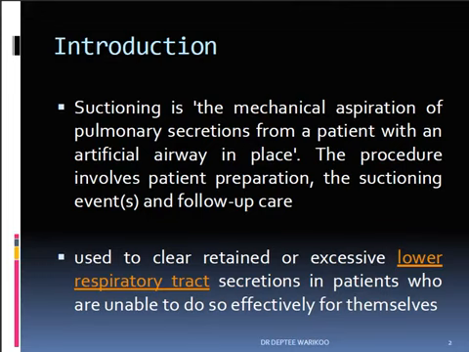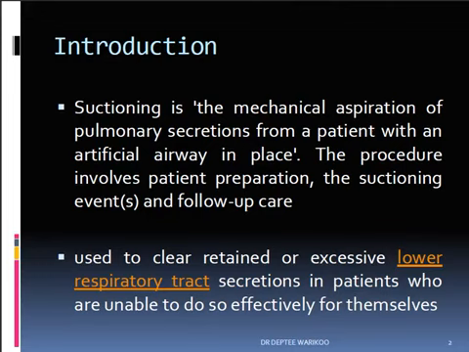The trachea is accessed by insertion of a suction catheter either via the nasal passage and the pharynx, which is the nasotracheal suction, or via the oral cavity and the pharynx, which is called orotracheal suctioning. Nasotracheal suctioning may be undertaken directly via the nostrils.